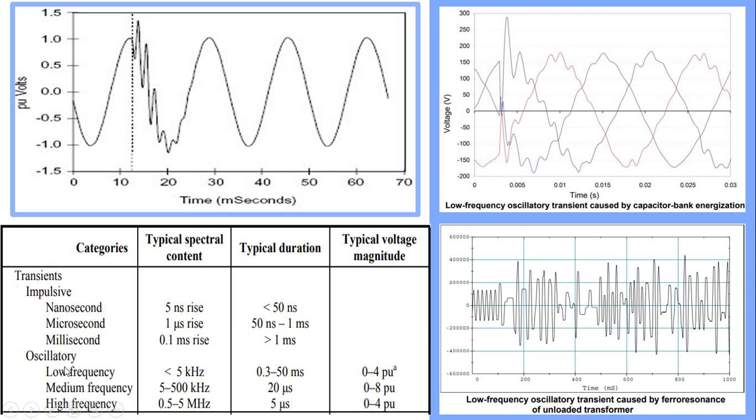Oscillatory transients are defined for low frequency, medium frequency and high frequency. In low frequency we have less than 5 kilohertz. Medium frequency transients are between 5 to 500 kilohertz and high frequency transients are 0.5 to 5 megahertz.